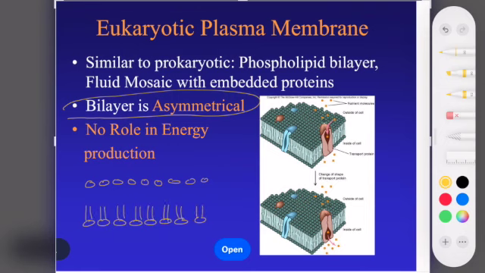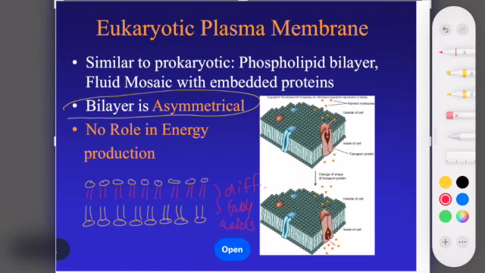They are different from each other. They have different fatty acids between the inner layer and outer layer. That's not the case in prokaryotes. Prokaryotes have a symmetrical plasma membrane.